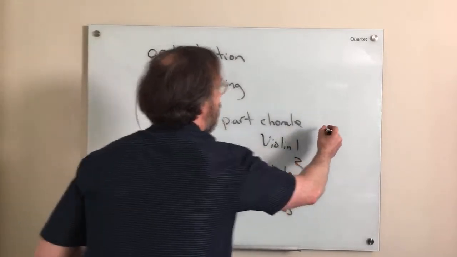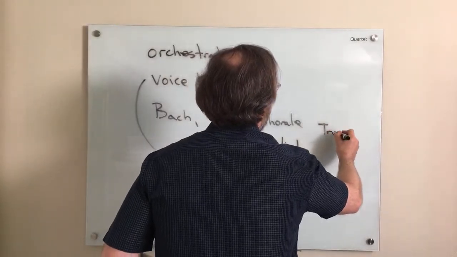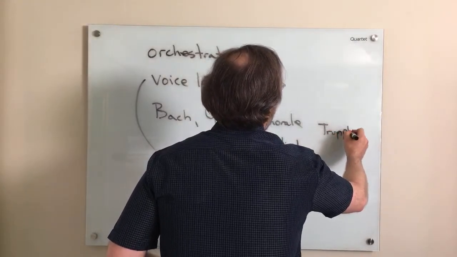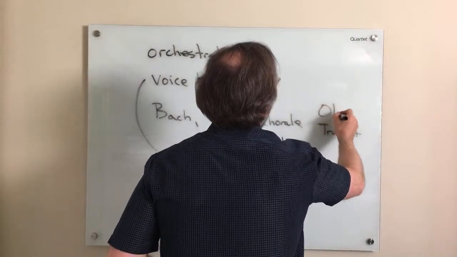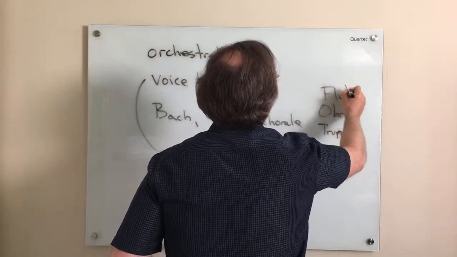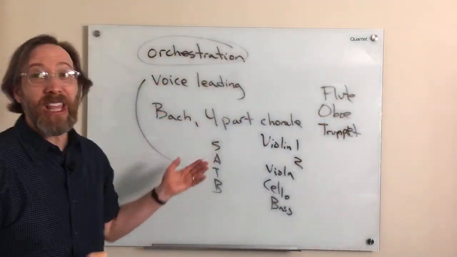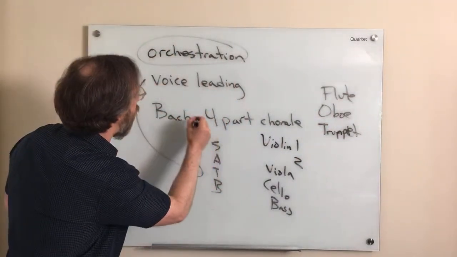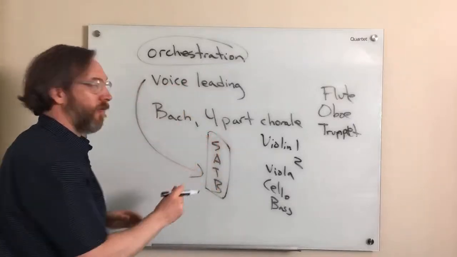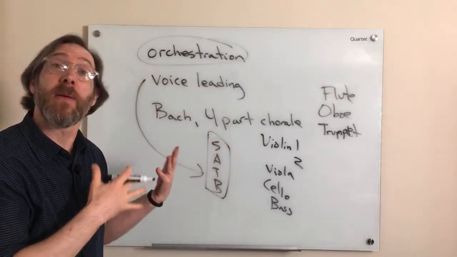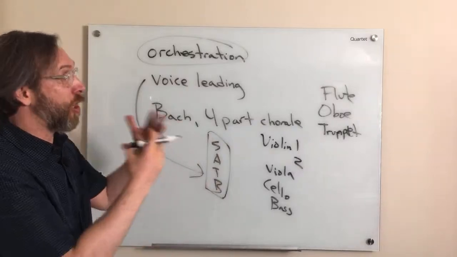You might have a trumpet, an oboe, a flute. So when we're dealing with an entire orchestration, there's going to be doublings. They're going to take this core voice leading, 4-part is very common, sometimes 5-part, and they're going to double it.